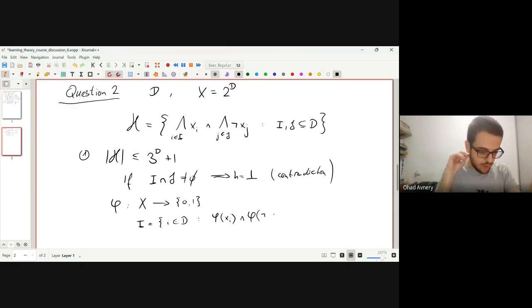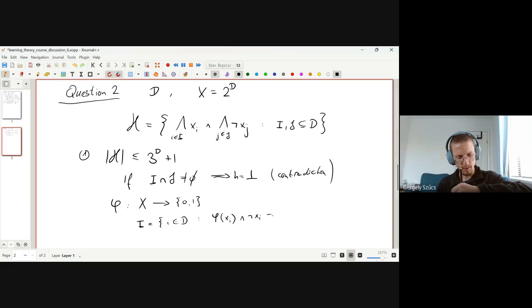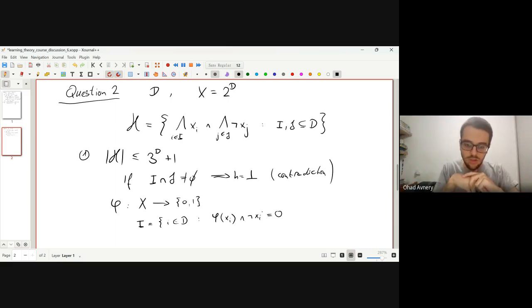No, I mean for phi of x and only the literal, and the negation of the literal xi. This equals 0. An alternative way to say this is that phi of x always implies xi.